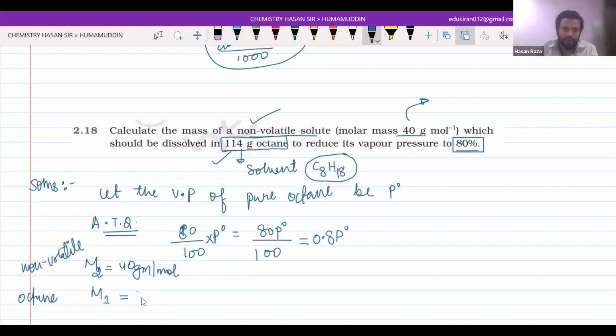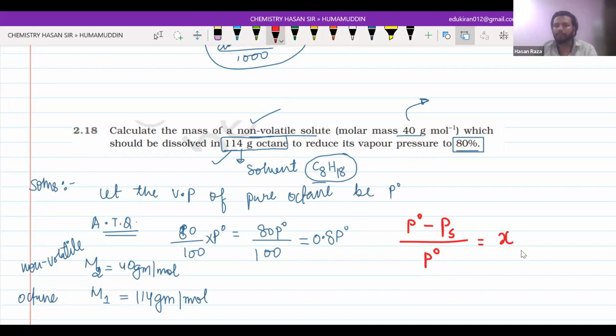M1 is your 114 gram per mole. You can easily calculate 8 into 12 plus 18 into 1, that will come out to be 114. Now, if you remember this formula, P naught minus pressure of the solution upon P naught will be equal to the mole fraction of solute. Do you remember this formula? Yes or no?